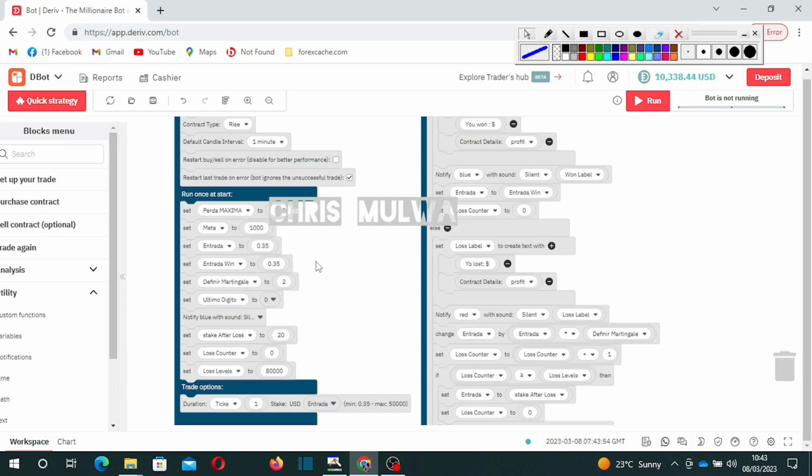Okay, then maximum profit I also put it 100. That is what we are calling metaphor. Putting 100.